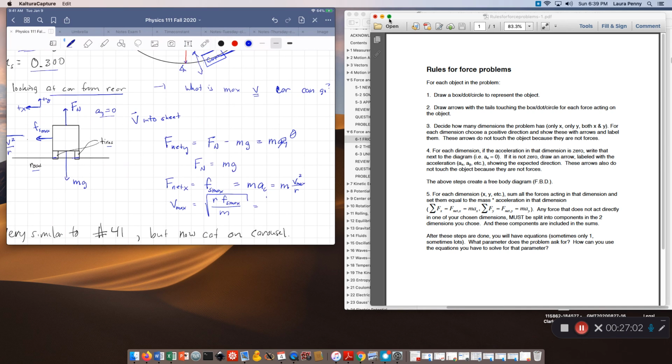But the static friction force is mu sub s times the normal force, and the normal force is mg. And so it doesn't actually matter what the mass is. v max is the square root of the static friction coefficient times r times g.